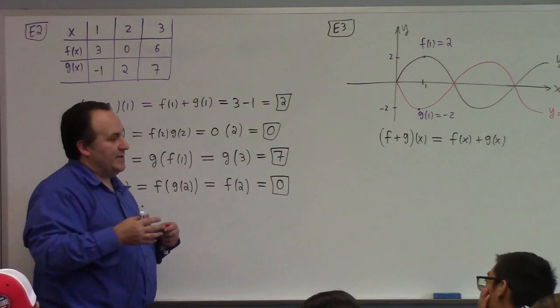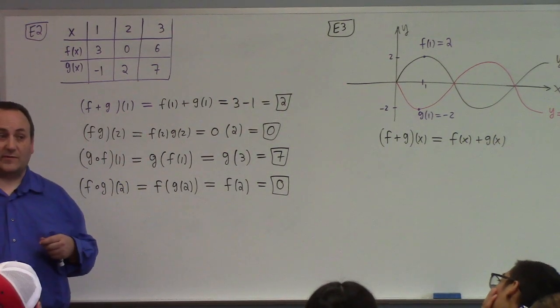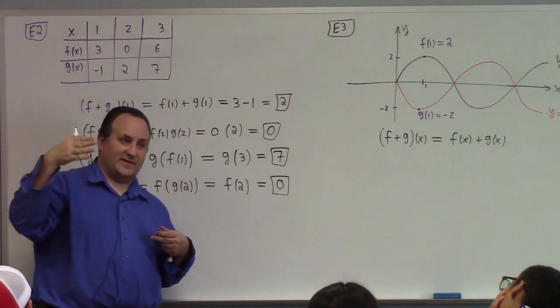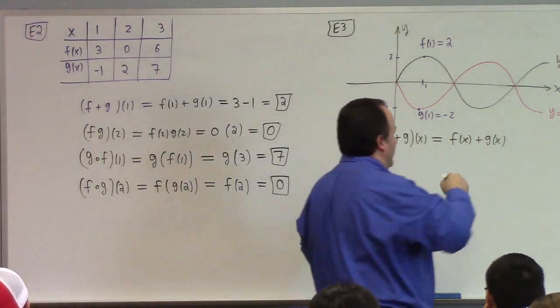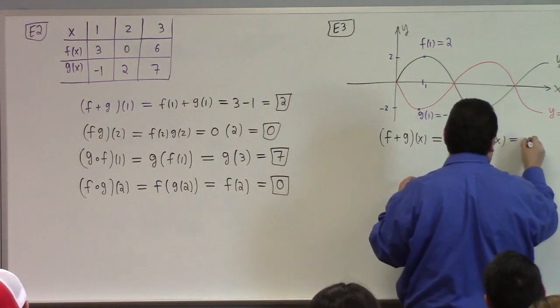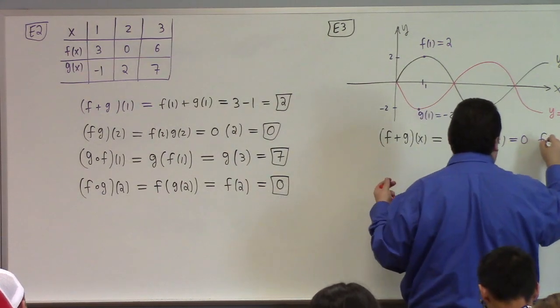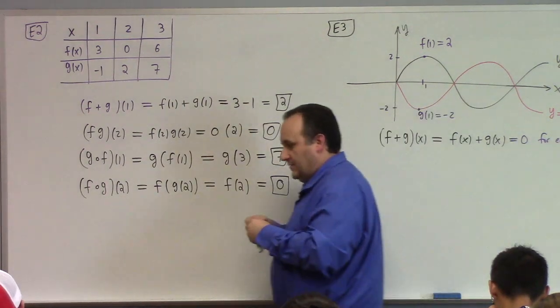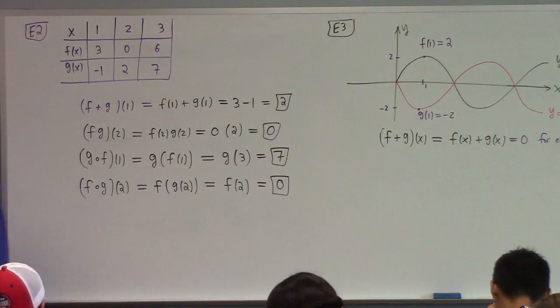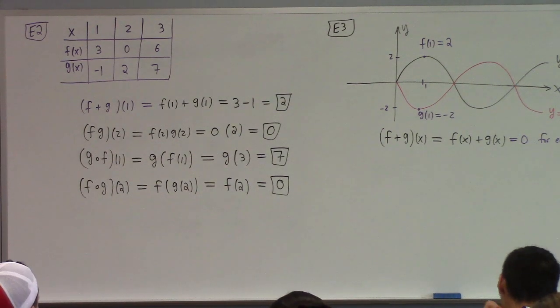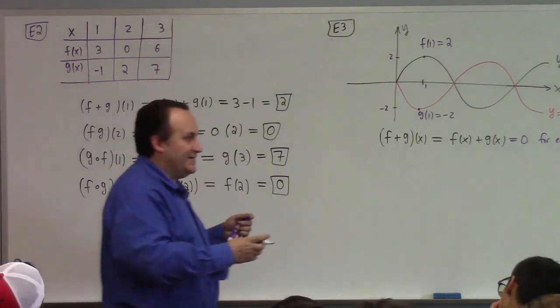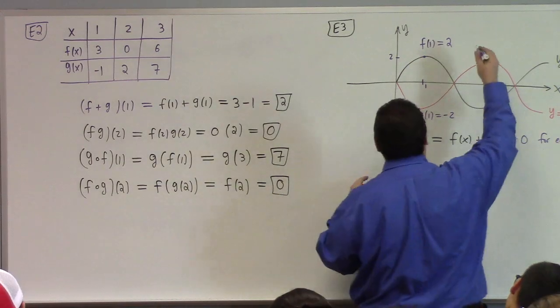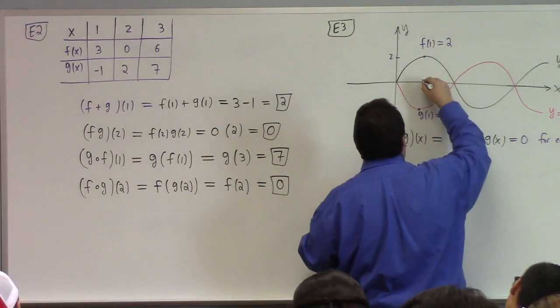But anyway, like somebody said a second ago, that would be 0, right? Because they're equal and opposite, they cancel out. So if my graph was done carefully, my claim is this would be 0 for each x. So the sum of these two functions is kind of a boring function, right? 2 plus negative 2 is 0, so that gives us this point right here.